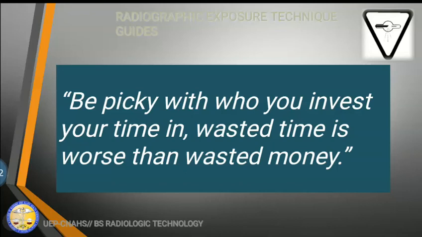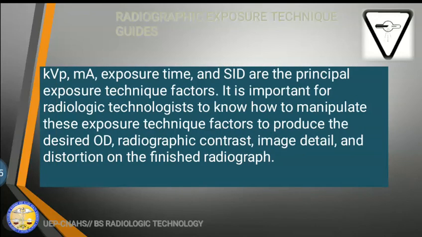Okay, so let's discuss these different technique guides. It says here that kVp, mA, exposure time, and SID are the principal exposure technique factors. We already know that, right? Considering our discussion the last time. So it is important for radiologic technologists to know how to manipulate these exposure technique factors to produce the desired optical density, radiographic contrast, image detail, and distortion in the finished radiograph.